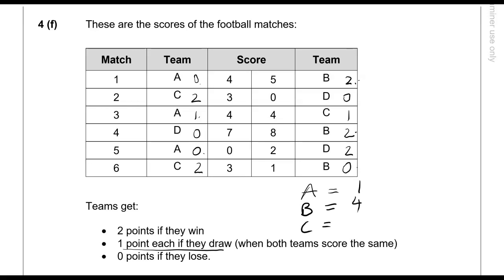Team C, they got 2 and 2, 4, and 1, 5. Team D, they got 0, 0, 2. So that is 2 points in total.